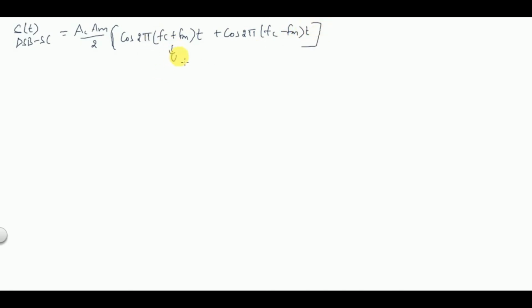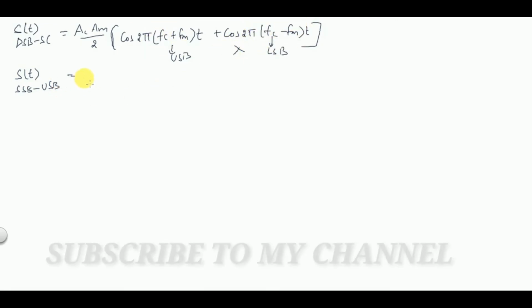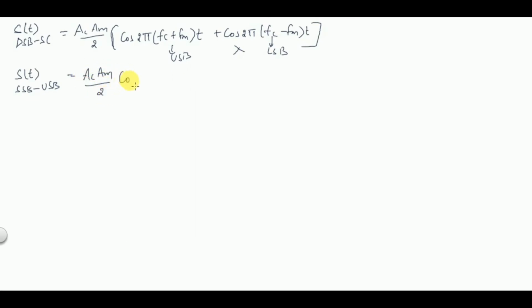It is obtained from DSB-SC by suppressing one of the sidebands. The DSB-SC signal s(t) is given by Ac Am by 2 into [cos 2 pi (Fc plus Fm) t plus cos 2 pi (Fc minus Fm) t]. The first term is the upper sideband and the second is the lower sideband, so both sidebands are present in DSB-SC. Now for SSB with USB transmission, only the USB term is present and the LSB is suppressed, so the LSB term will not be present: Ac Am by 2 into cos 2 pi (Fc plus Fm) t.